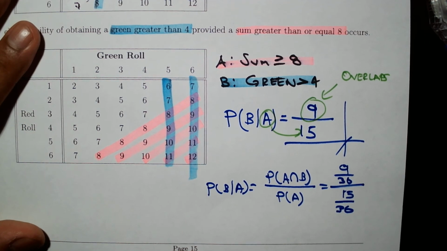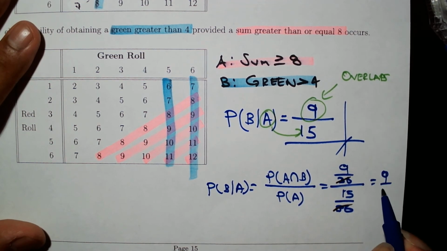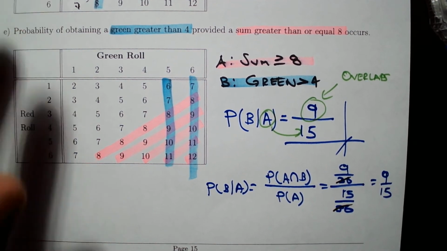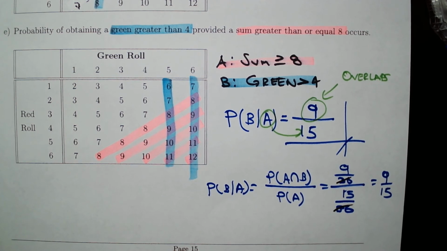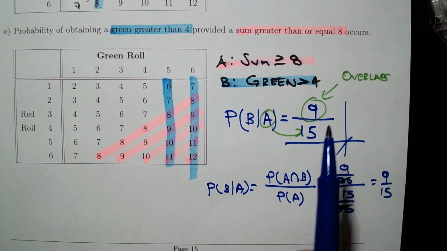Do you see how this goes away? We get the exact same thing. The most important thing here is that you get familiar with how the conditional probability works. And in case you don't want to use the formula, it's overlaps over successes for the first event.